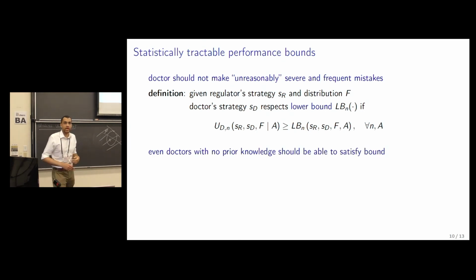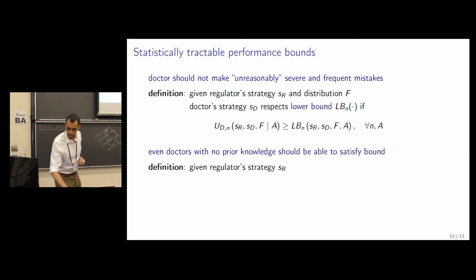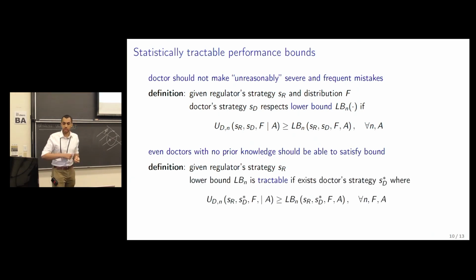The second part has to do with calibrating this lower bound. And the principle that I want is that even doctors with no prior knowledge about the distribution should be able to satisfy this bound. More precisely, this notion of statistical attainability is going to say that given the regulator strategy, the lower bound is attainable if there exists a doctor strategy, sigma star D, such that that strategy will respect the lower bound, regardless of the distribution.